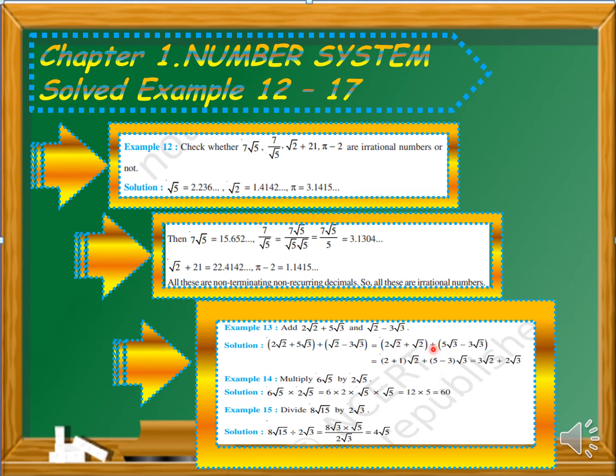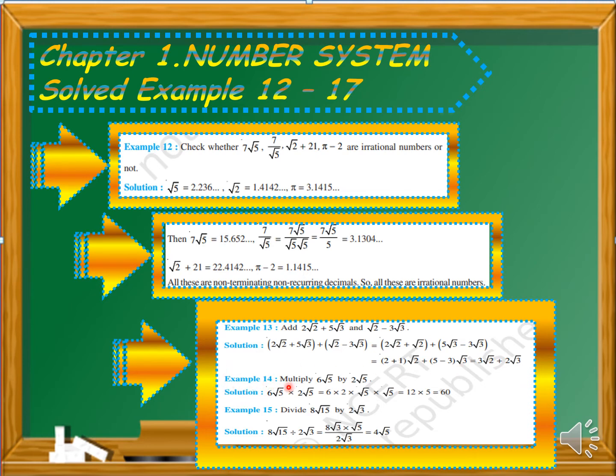And this plus symbol remains the same, and here 5 root 3 minus 3 root 3. Here also you can see root 3 appears twice, so we are going to take it as common, and the remaining 5 minus 3 will be in the bracket. After adding and subtracting both, we will get the answer as 3 root 2 plus 2 root 3.